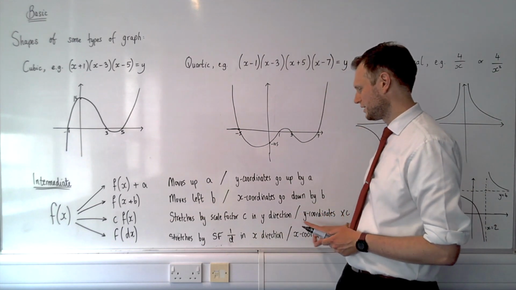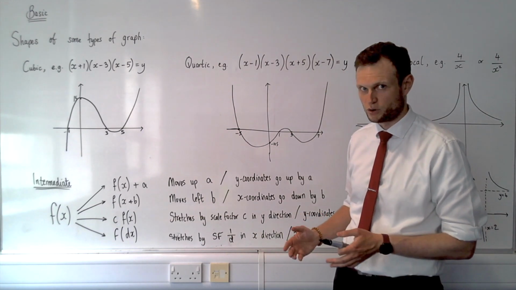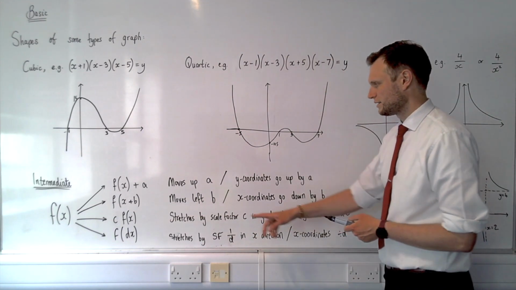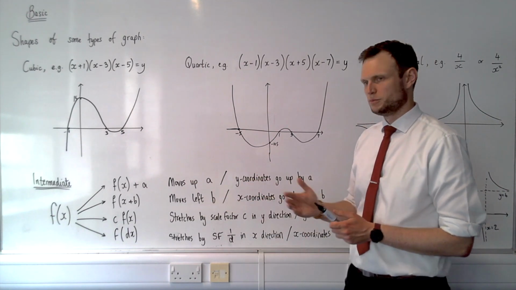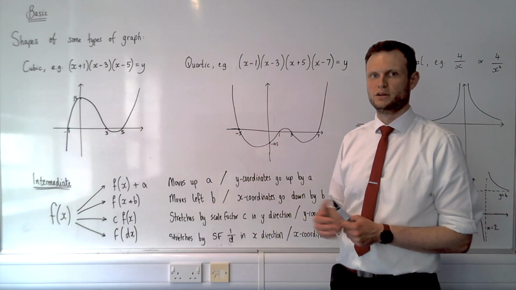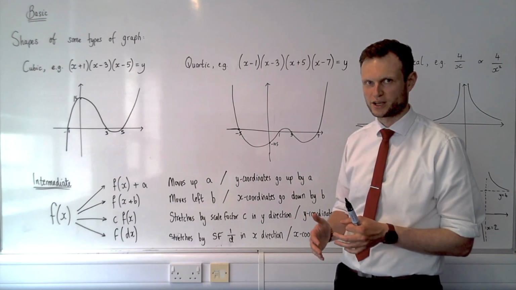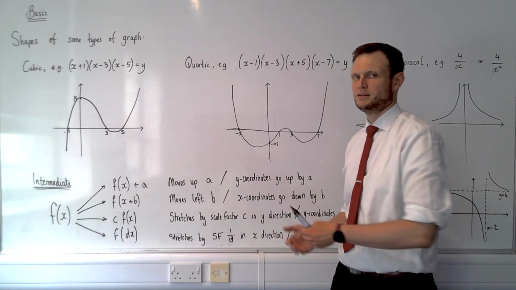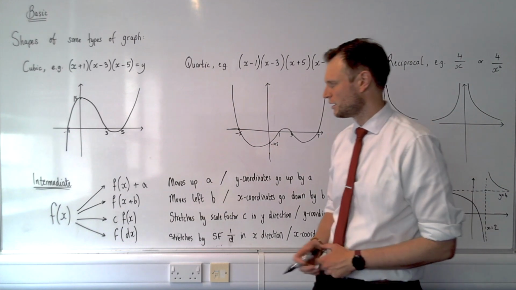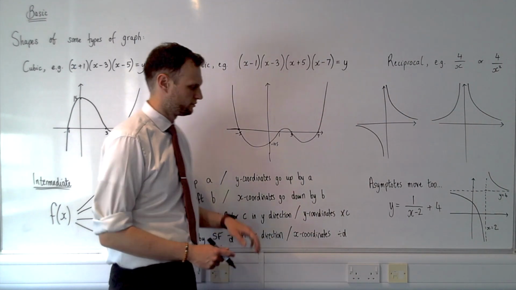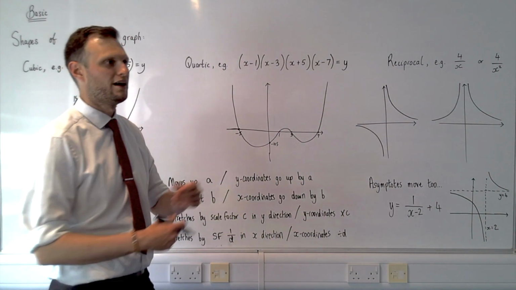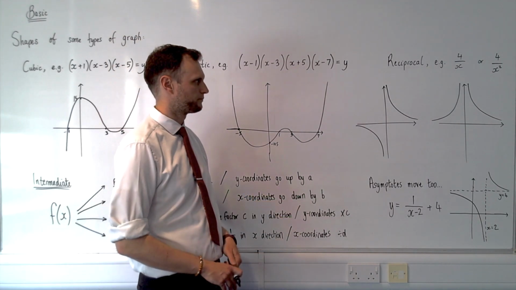Then all of the y coordinates double, and all of the x coordinates move right 5, so add 5 to all of the x coordinates. You can just keep them separate like that. Some things affect the x, some things affect the y, and don't mix and match those. If it's in the brackets, it affects the x. Outside of the brackets, it affects the y.